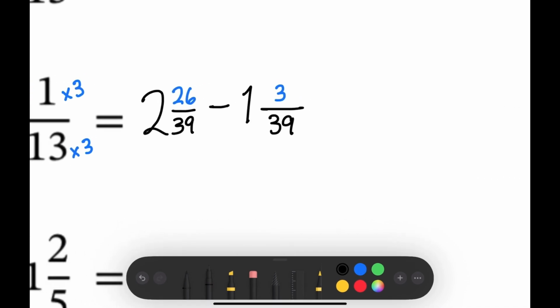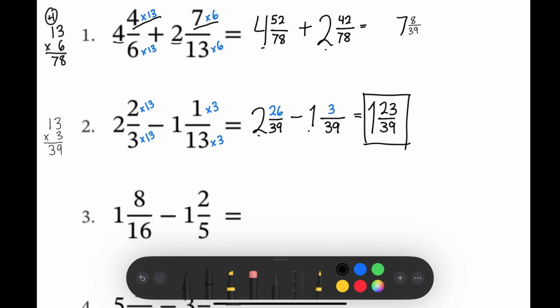And now we can subtract this as is. Let's subtract the whole numbers first. 2 minus 1 is 1. My denominator stays the same, 39. And now I do 26 minus 3, which is 23. And that is my answer.